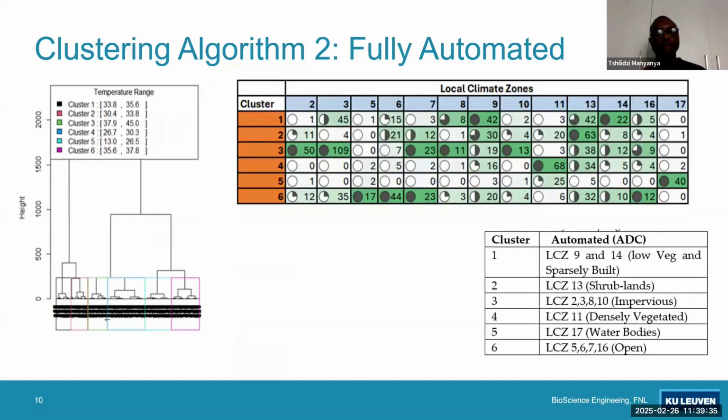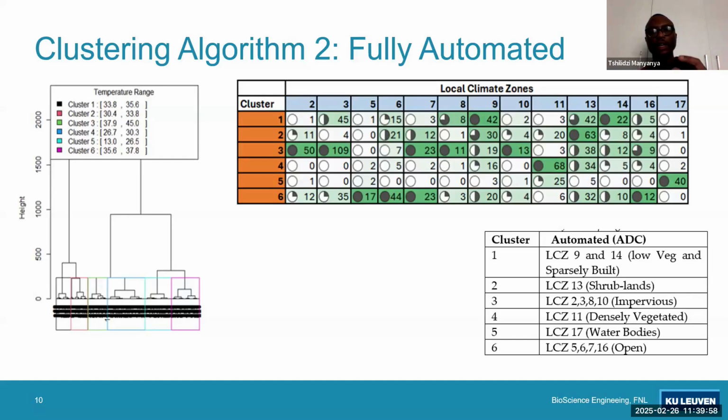So the results looked something like this. This fully automated algorithm grouped 9 and 14 together, just like the one that is based on physical appearance alone did. It grouped 2, 3, and 8 together. It grouped 5, 6, and 16 together. Then 17 was still an independent class on its own.